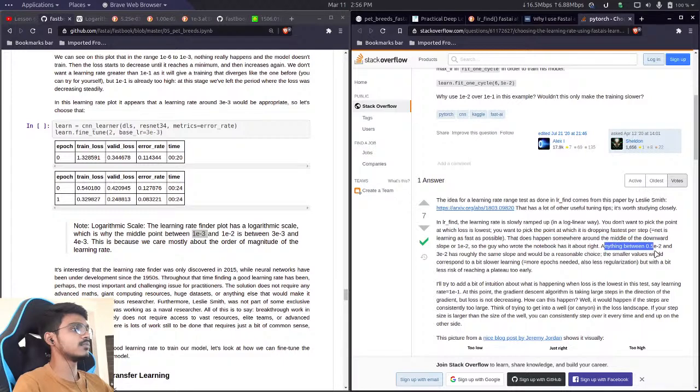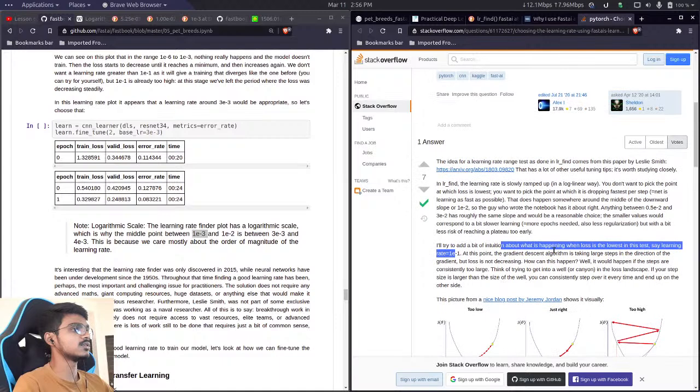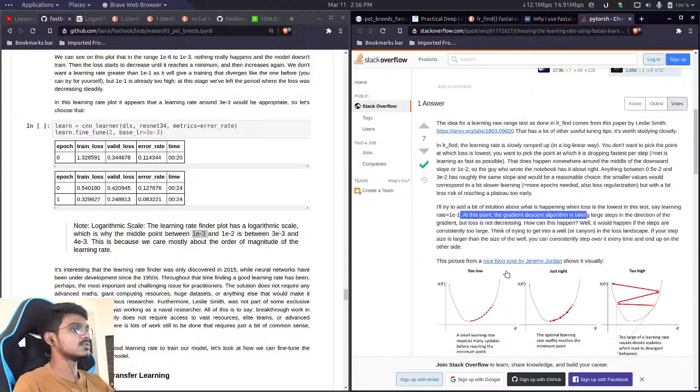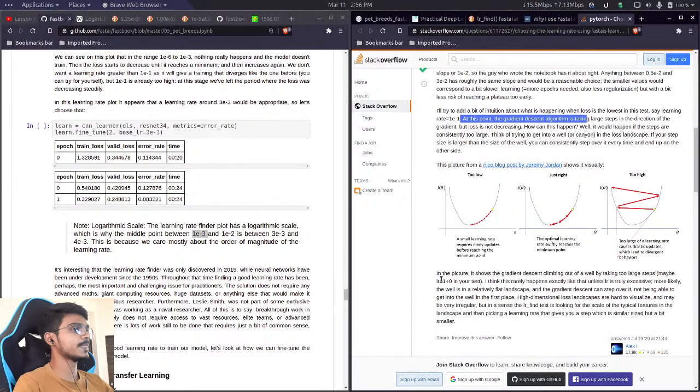Anything between 1e raised to minus 2 and 3e raised to minus 2 has roughly the same slope and would be reasonable, while smaller values would correspond to a bit slower training. Again, so the learning rate is equal to what this is reading, steps. Okay, we know this much.